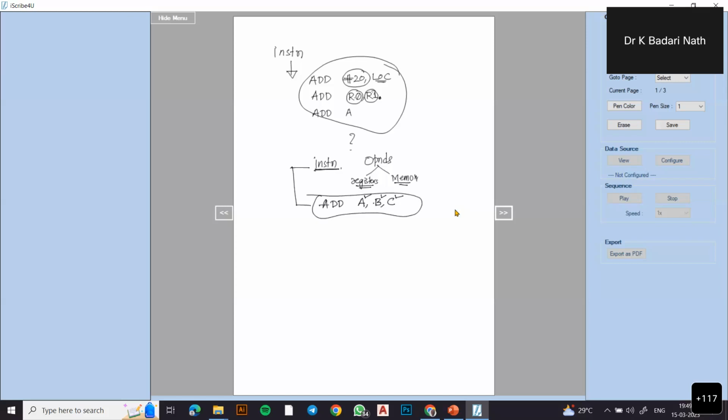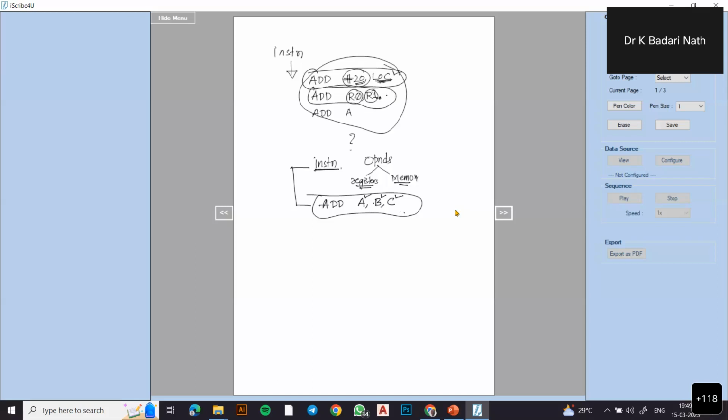So the moment I look at an instruction, I can understand whether my operand is located in a memory location or a register. Look at this instruction. If I ask you where is my data, you can immediately say the data is in the processor, because I used registers. If I ask this question, where is my data? You can immediately tell, sir, the data is there in the memory, because I used a name for a memory location.